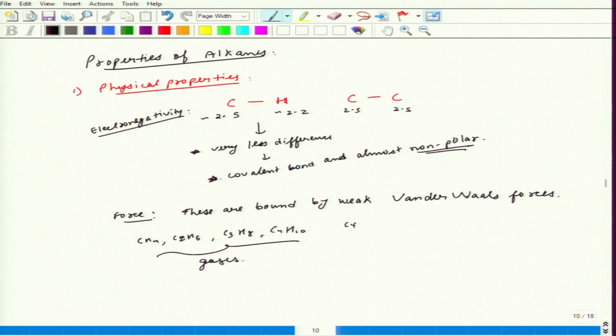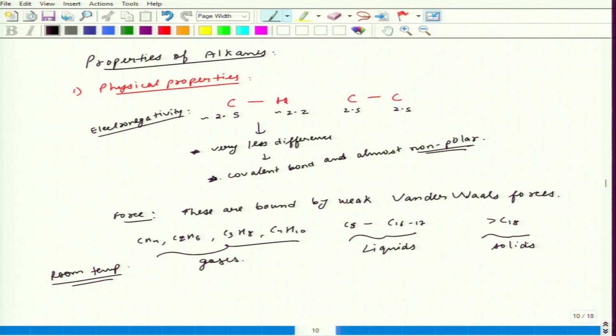From C5 onwards to almost C16 or C17, these are liquids at room temperature. Methane, ethane, propane and butane are gases. From C18 onwards, these are solids.